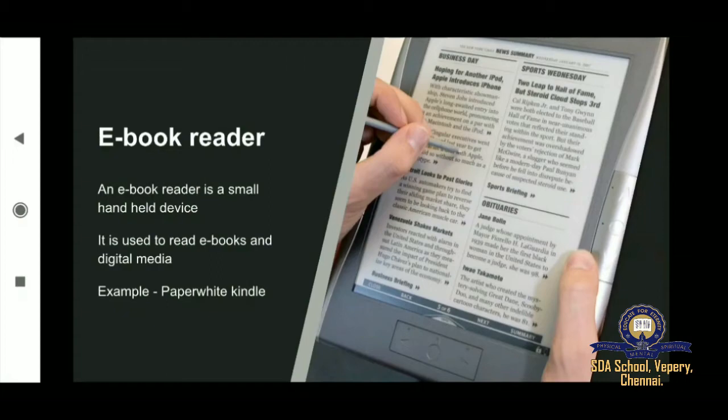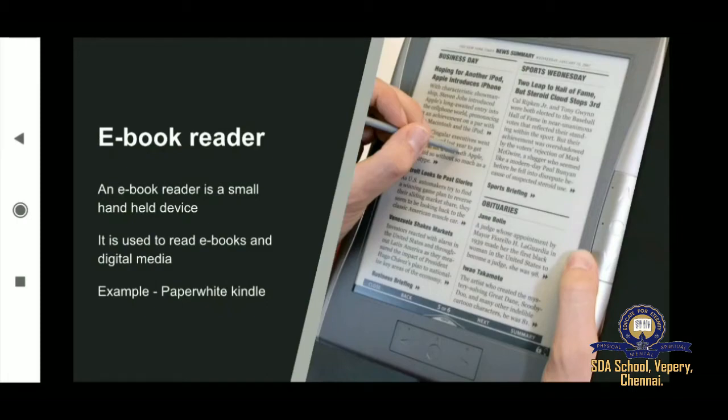It is mainly used to read storybooks. E-books are a form of storybooks in electronic form. That is called e-books. And digital media, whatever comes in written form in the media, is called digital media. The written form of books that comes online is called digital media.